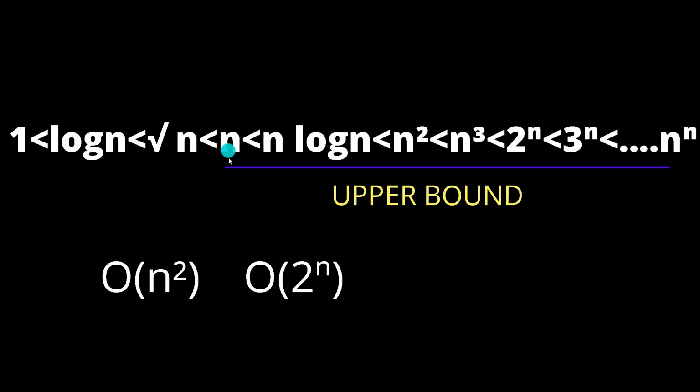So big O of n is true, n log n is true, n square is true, n cube is true. All these values are true. But if I want to say that it is big O of root n or big O of log n, then that is false, because that belongs to the lower bound. Alright. So I think till now it is clear.